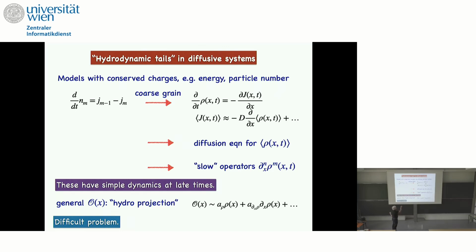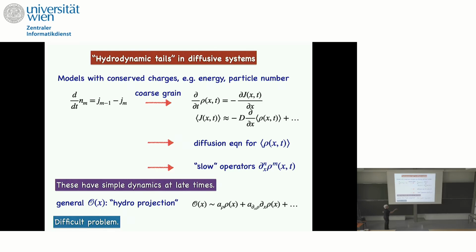And then in diffusive systems, the current, or the expectation value of the current at late times has an expansion which is related to the variation in the density itself. And if you plug this back in here, you basically get a diffusion equation for the density. And from that, you can infer essentially there must be a series of slow operators, so operators who decay very, very slowly at late times, because you obtain their dynamics from the diffusion equations.